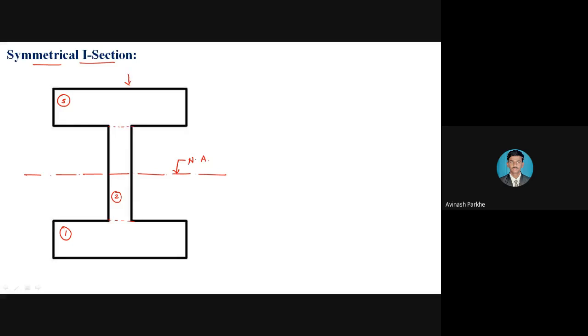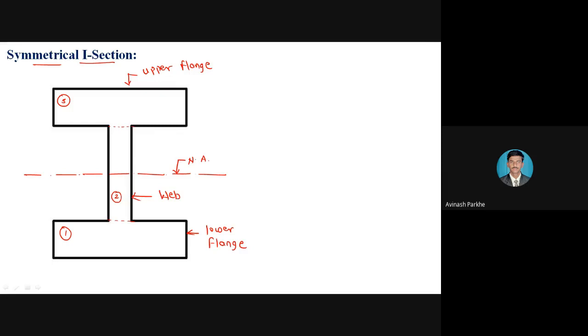This top portion, this horizontal rectangle, is called the upper flange. The bottom one is called the lower flange. And the vertical rectangle is called the web.